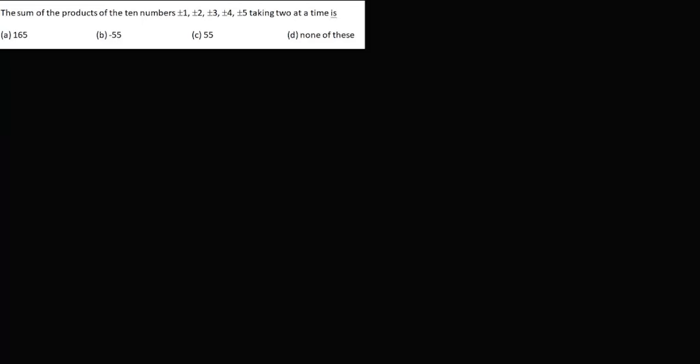Now the question is, sum of product of 10 numbers taking 2 at a time is. So we have these 10 numbers 1 plus 2 plus 3 up to 5 and then minus 1 minus 2 up to minus 5, and what we'll do is we'll take their whole square. Now it'll be 1 square plus 2 square plus 3 square up to plus 5 square plus again 1 square, 2 square up to 5 square.